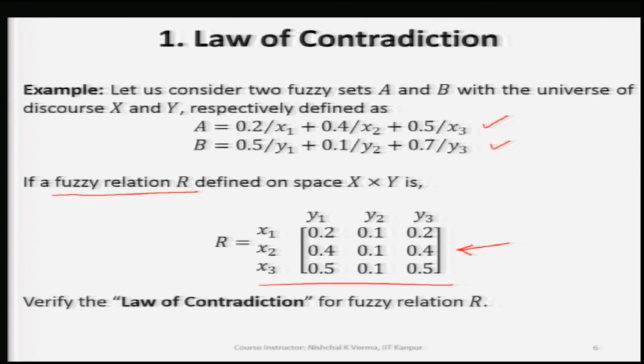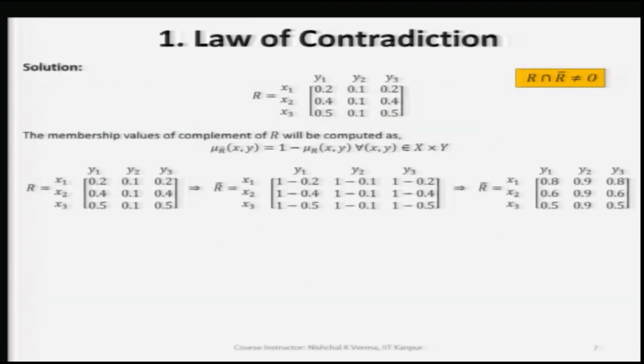So, let us first find R bar, that means the complement of the relation matrix, the fuzzy relation R. The complement of R is R bar, which we can get by computing all its membership values by subtracting from 1.